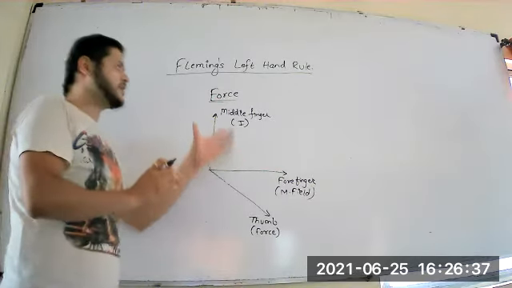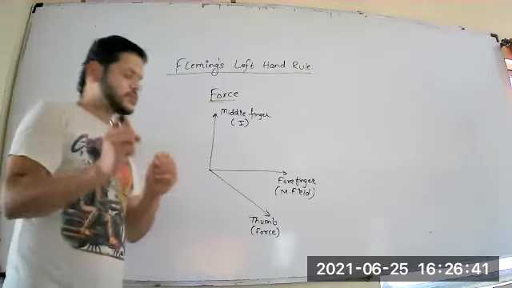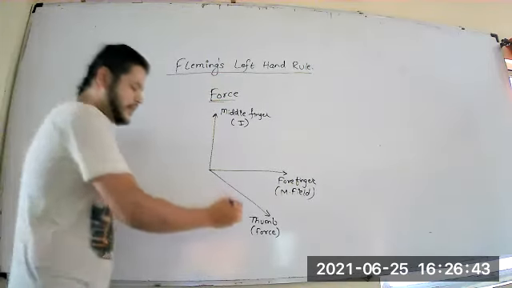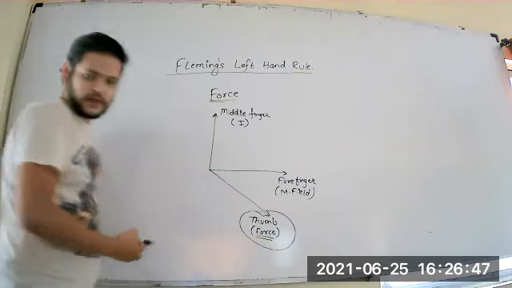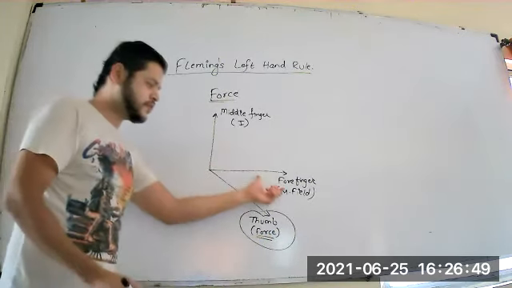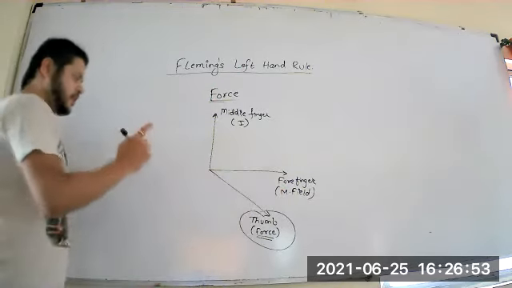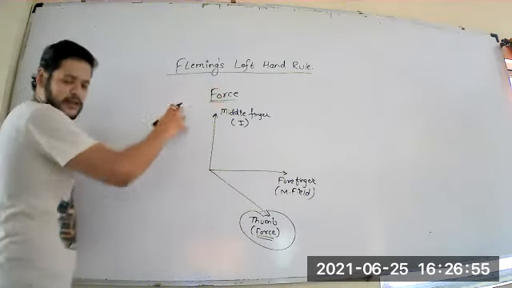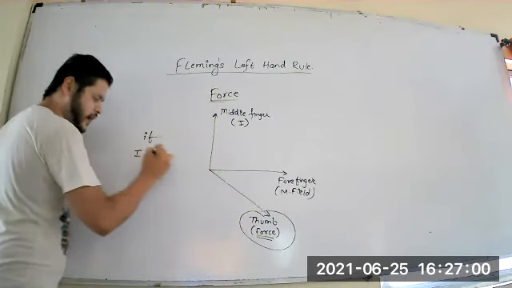This is what is given in Fleming's left hand rule. This rule is very important because it gives us the exact direction of the force with respect to the direction of field and current.